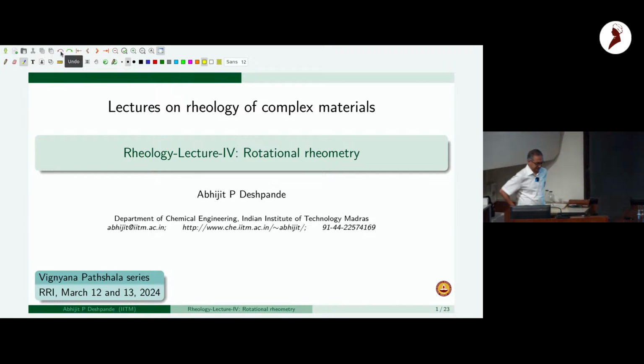We can start. Okay, so we'll start. We have looked at the idea of rheometers as instruments and the basic variables that are of interest to us when we want to understand the deformation behavior of materials.